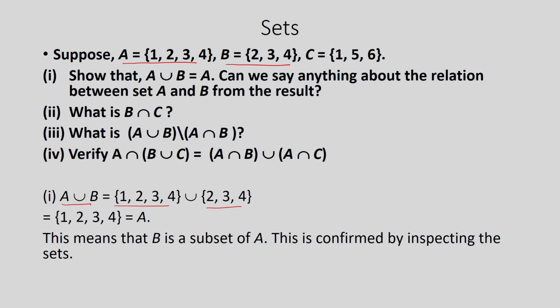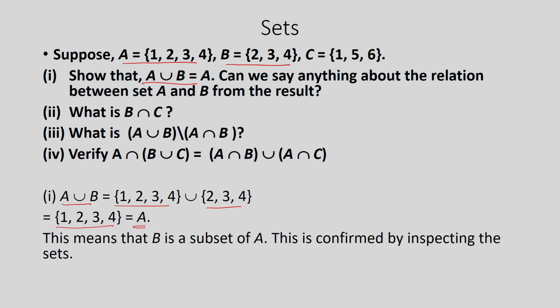The union of these two sets will consist of those elements which are there in either set A or set B. So, it will be 1 2 3 and 4, and this is nothing but set A, right. So, that is what we were supposed to prove, that A union B is equal to A.